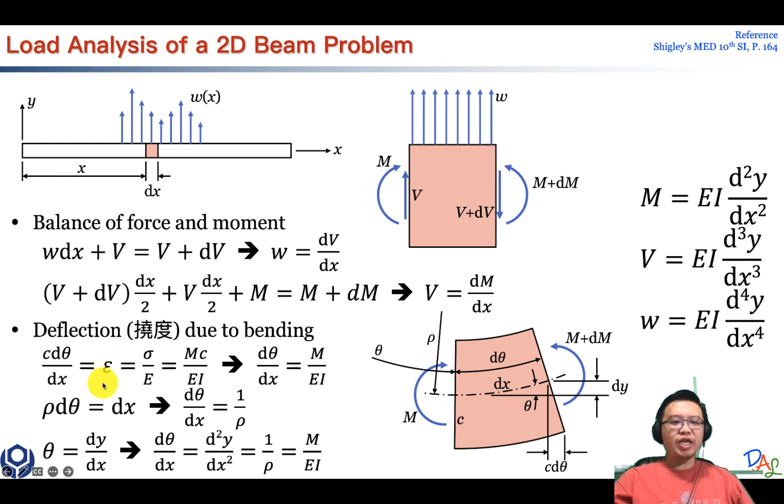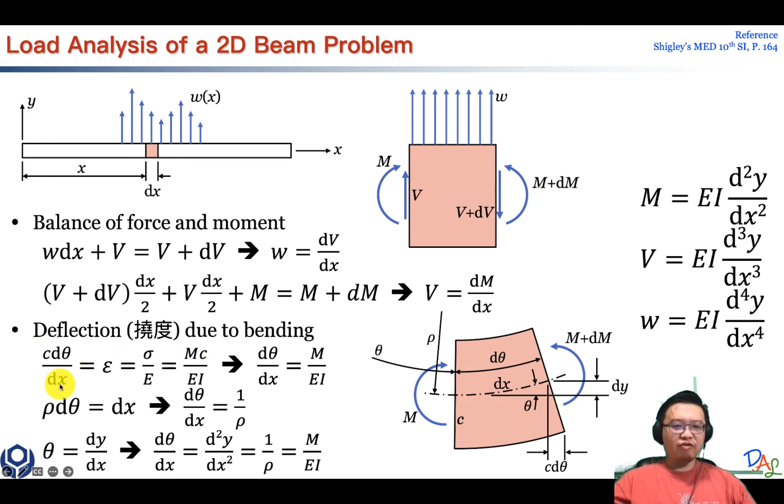And strain is also sigma over Young's modulus, and sigma is also known as Mc over I, because we already did it in the last lecture. So from these, we can reduce the equation to here. The C's cancel out.